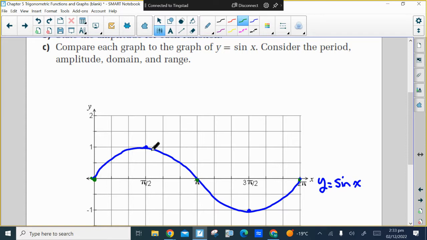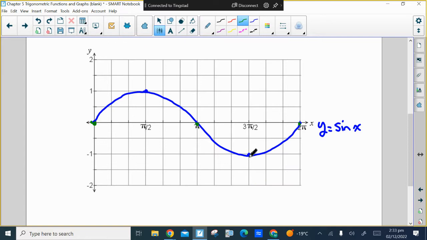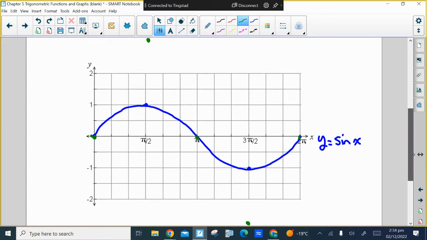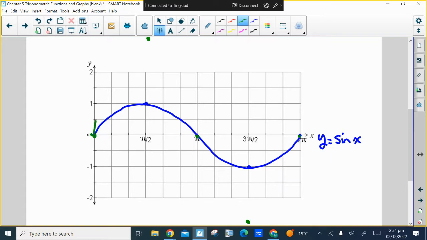However, this maximum point here at pi on 2, that value of y being 1 gets multiplied by 3. It's now going to become plus 3. And the minimum at 3 pi on 2 has a y value of negative 1 times 3, which would be negative 3. The x-intercepts are invariant, but our max and min values are changing.